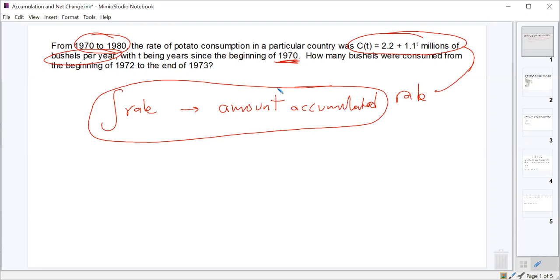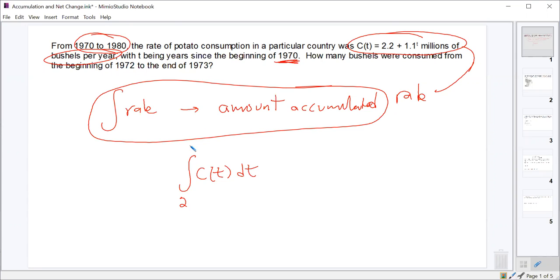And so that's exactly what we want to do here, is we want to integrate this rate function on the correct time period. And so if t equals 0 is the beginning of 1970, what would the beginning of 1972 be? And what would the end of 73 be? 3.